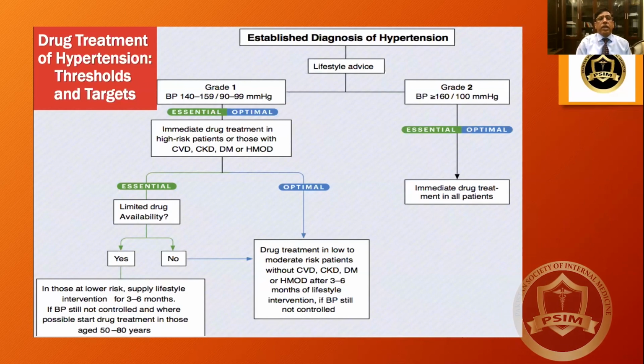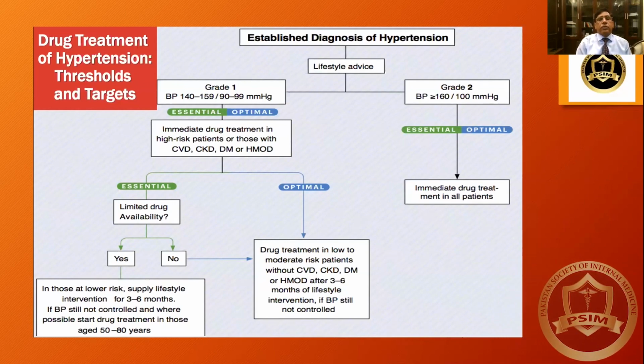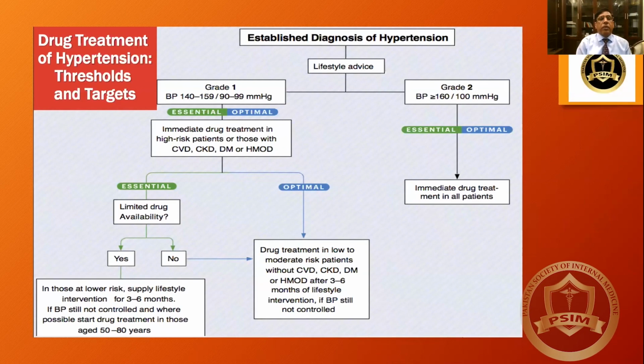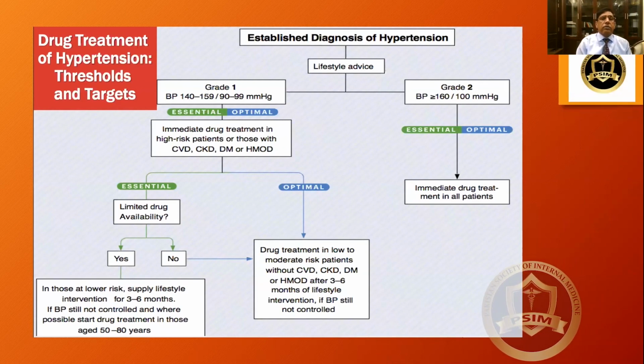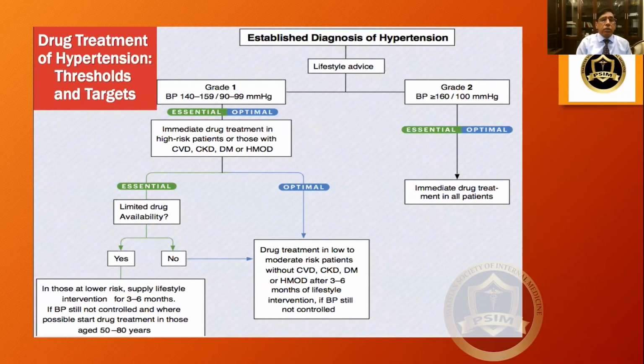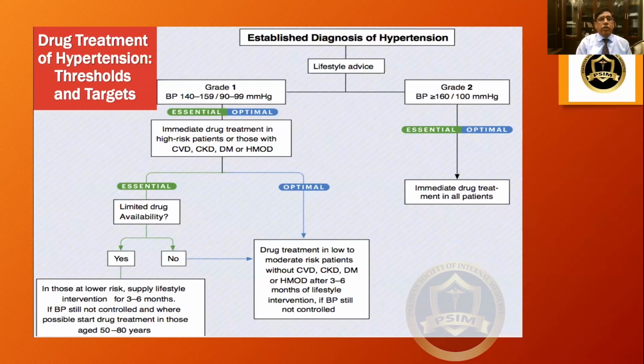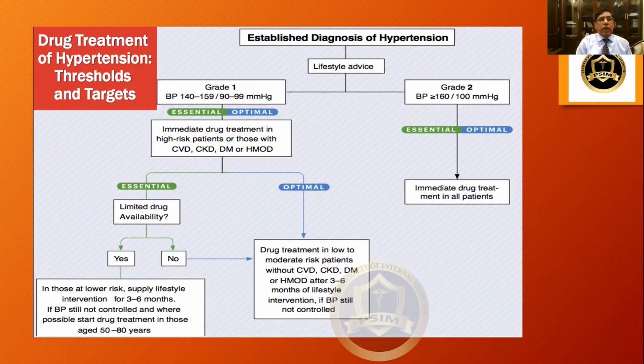And the essential is that if there is limited availability of drugs, then you go by age group: lifestyle intervention for 3 to 6 months, followed by drug treatment.